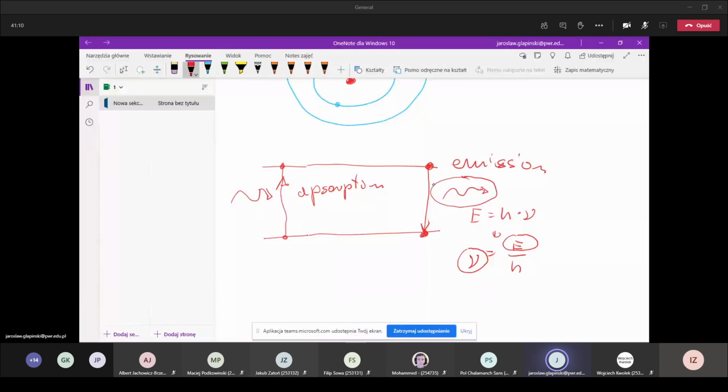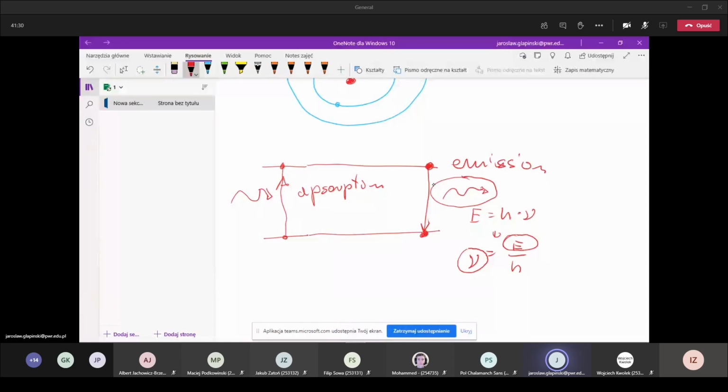So we need a special energy, or we need special atoms that have these properties, so that when the electron goes from the higher orbit to the lower orbit, it emits a quantum of energy, which is correlated with the frequency.